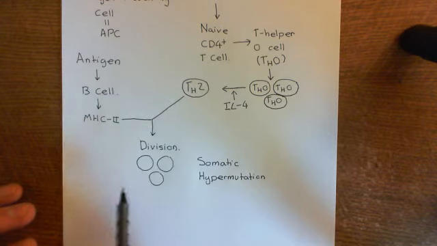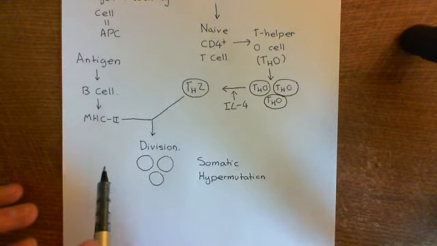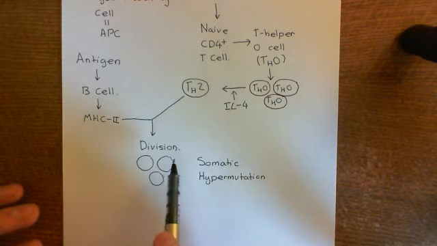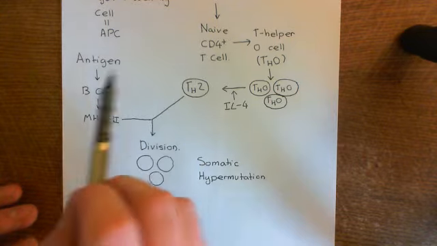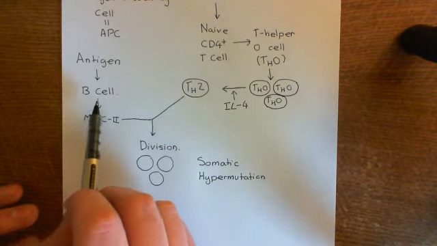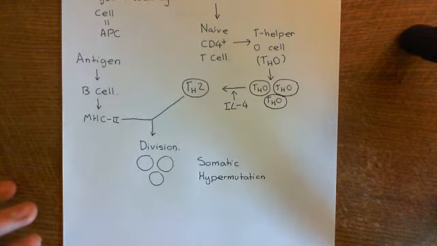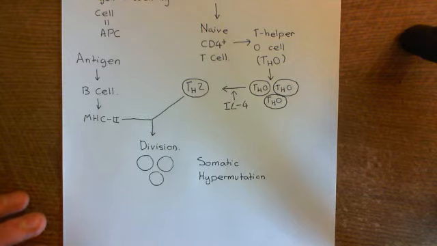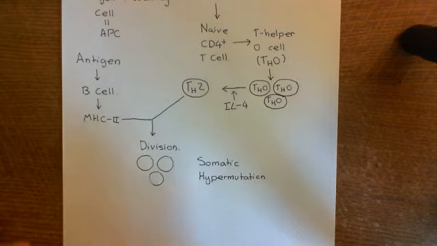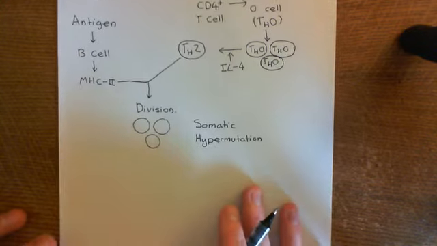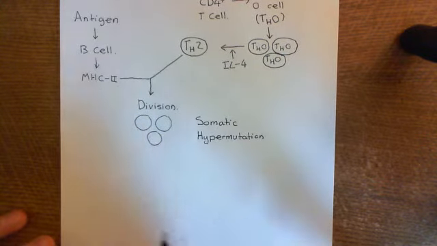But when it divides, it produces a whole bunch more B cells, and all of the offspring undergo mutations in their B cell receptor, so they all have slightly different B cell receptors. I mean, they're all based on the original B cell receptor of this original B cell, but they're all slightly different. Now, what's going to happen is a process known as affinity maturation, because you're going to set up a selection process, basically.